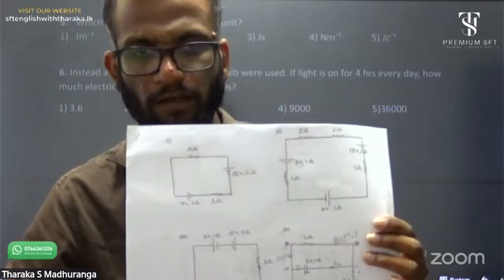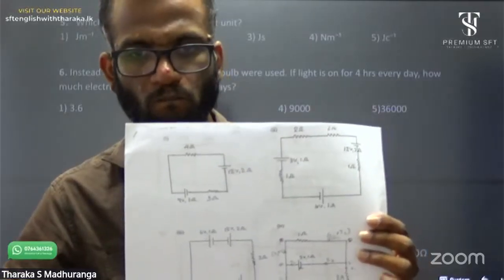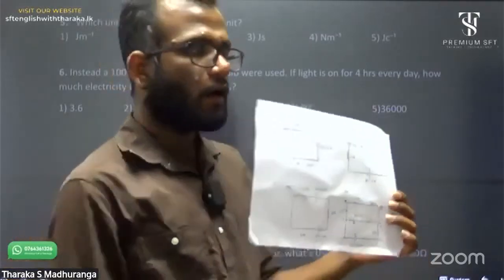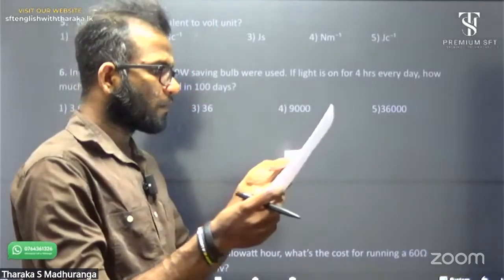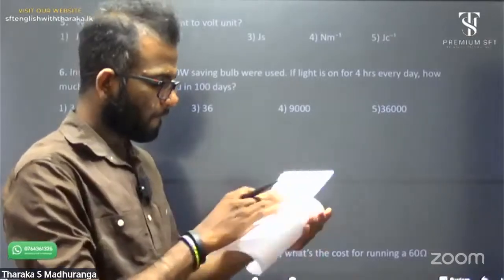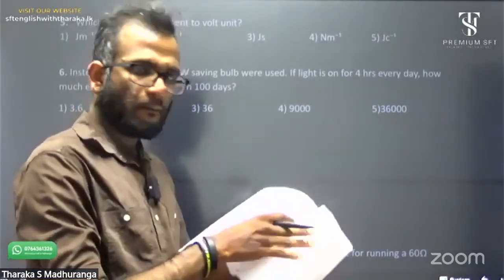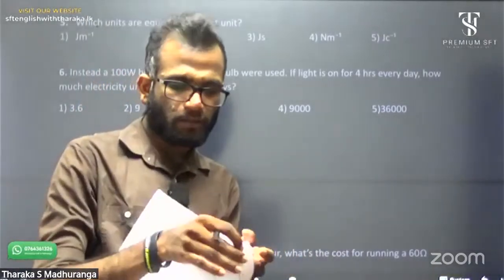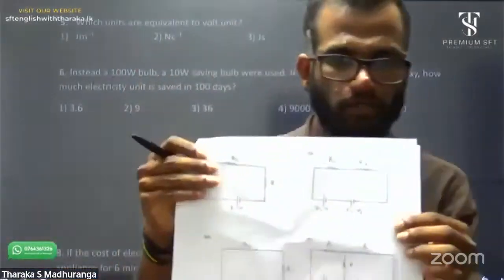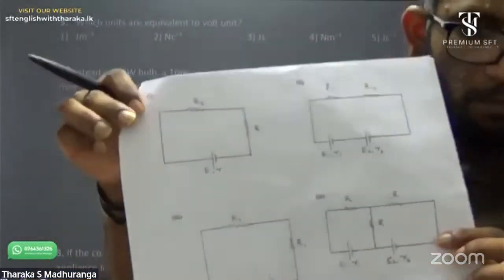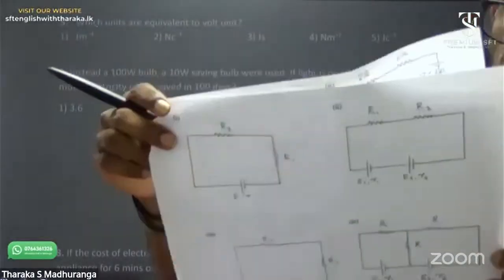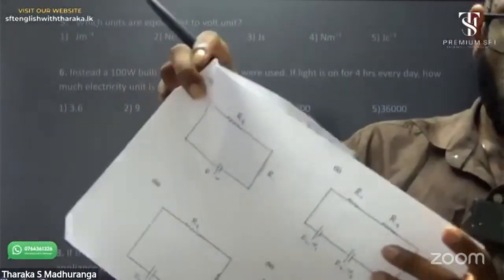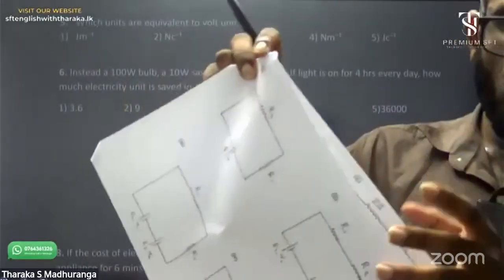Go to this paper. First go to the questions without numbers. There is a sheet like this, with 4 questions, without numbers, only symbols.